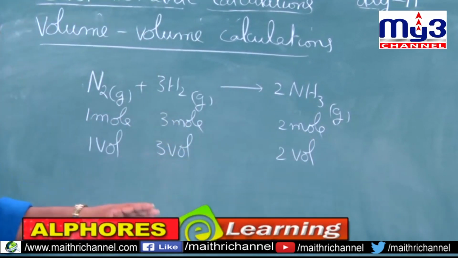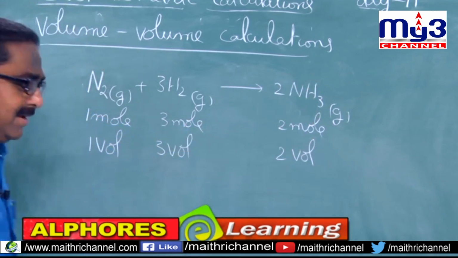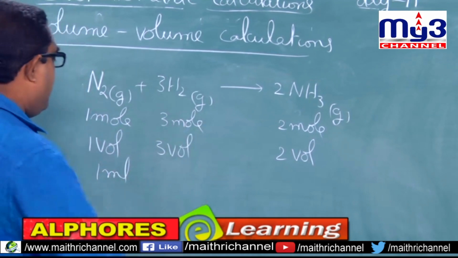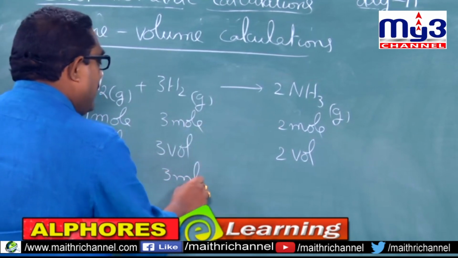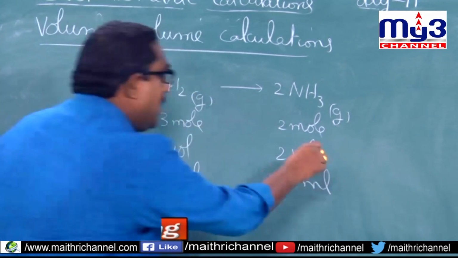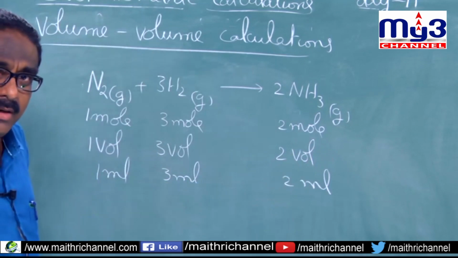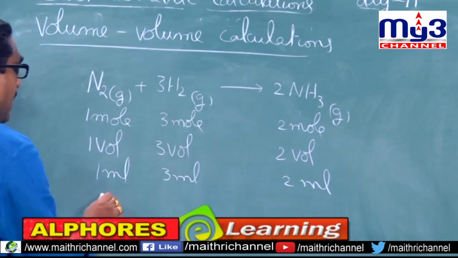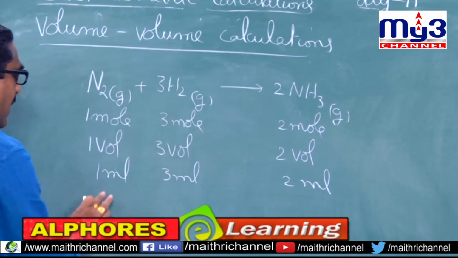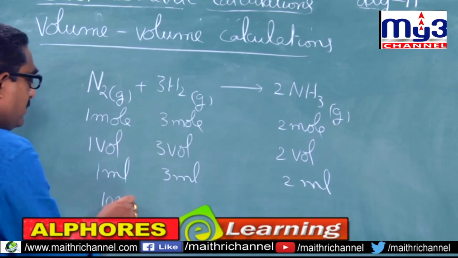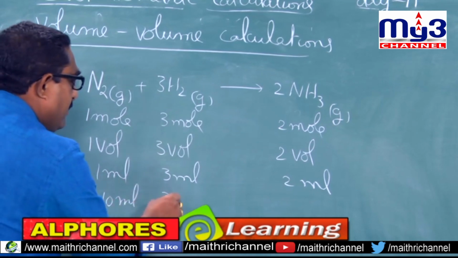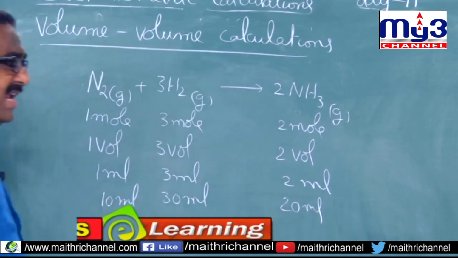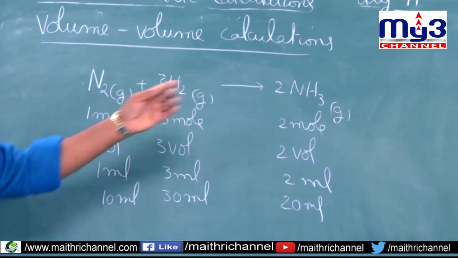The volume should be in the same unit for all three. 1 ml of nitrogen always combines with 3 ml of hydrogen to form 2 ml of ammonia under similar conditions, same temperature and pressure. Similarly, if you take 10 ml, it needs 30 ml and we are going to get 20 ml. See, the ratio is not disturbed anywhere.